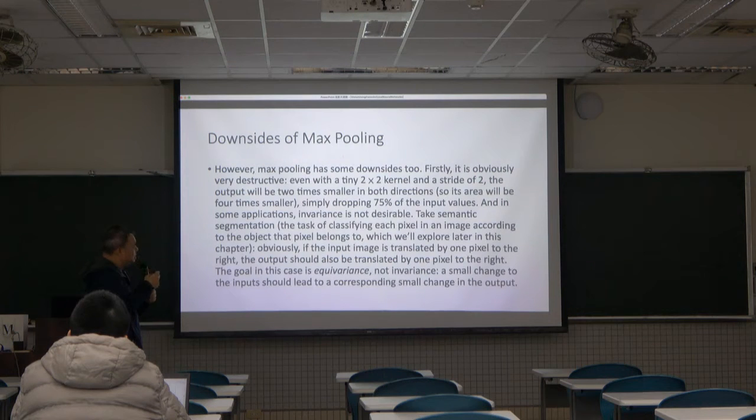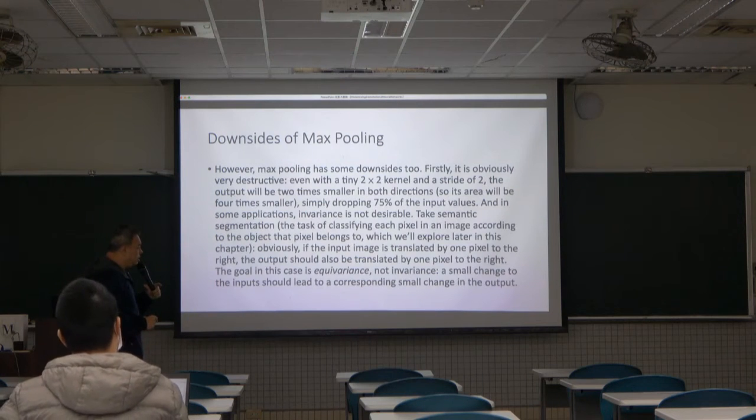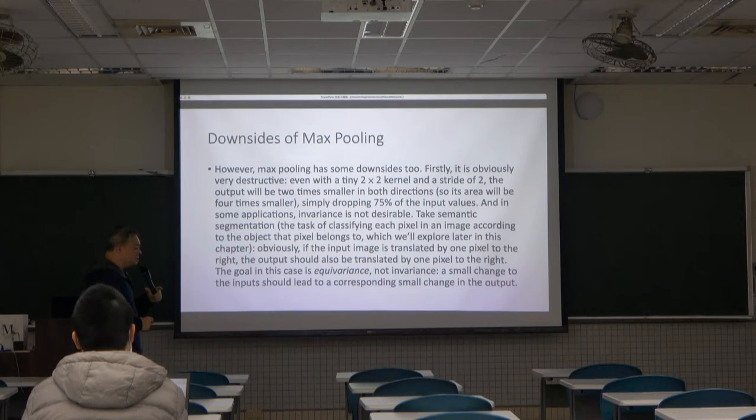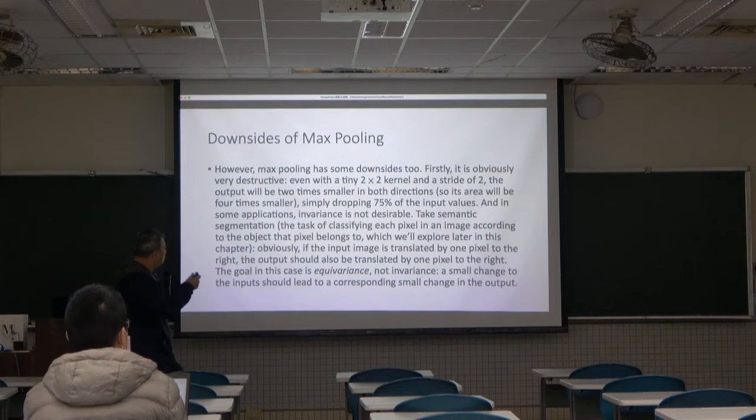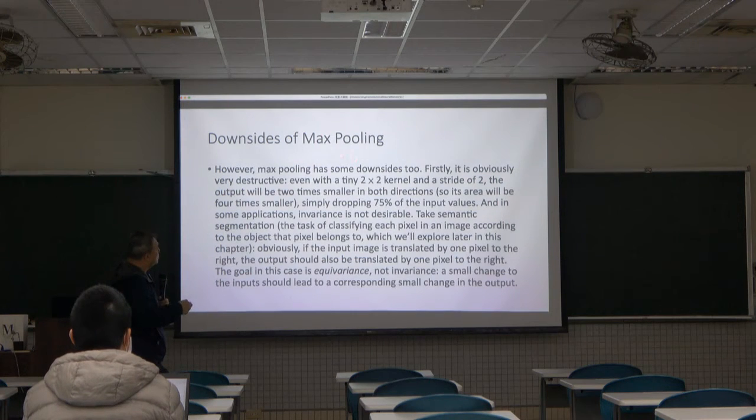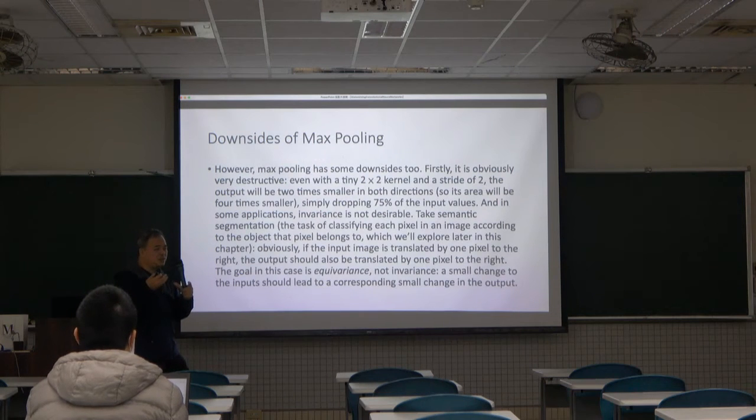Sometimes we also talk about how you can enlarge an image by CNN. We call that subsampling. We'll talk about that later, at the end of this chapter, but that's a different issue. Anyway, with pooling, not only Maxpooling but also average pooling, you lose some information along this process. This is for sure, right?